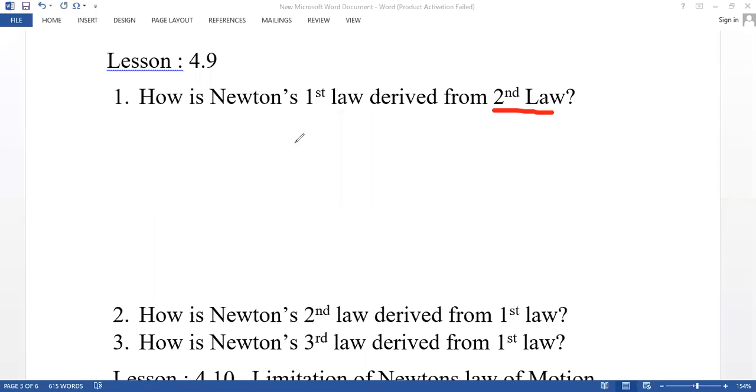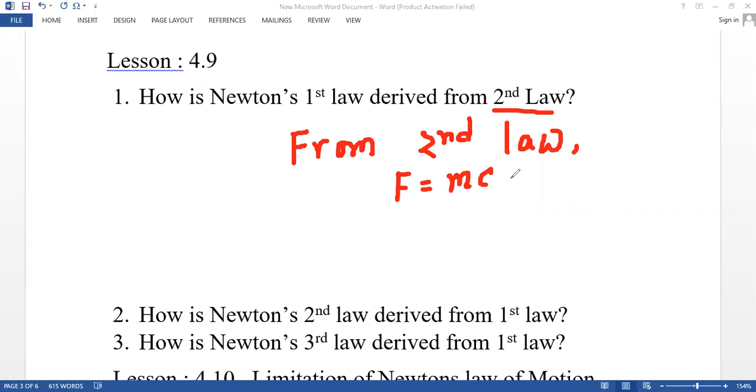From second law, we know F equal to ma. According to first law, this force is zero. So ma equal to 0. That means a equal to 0.